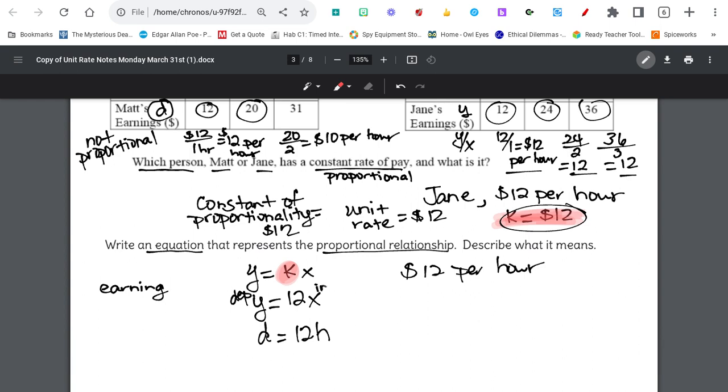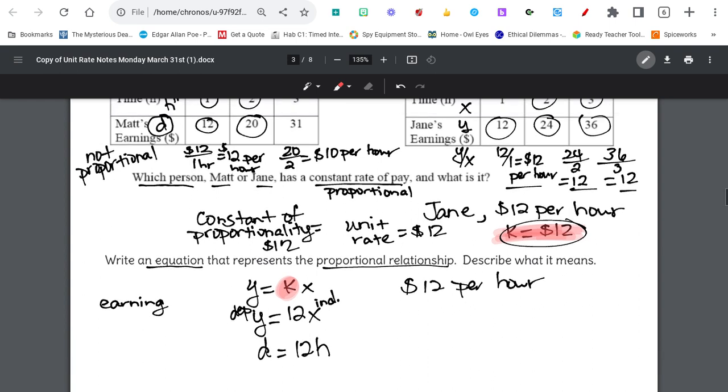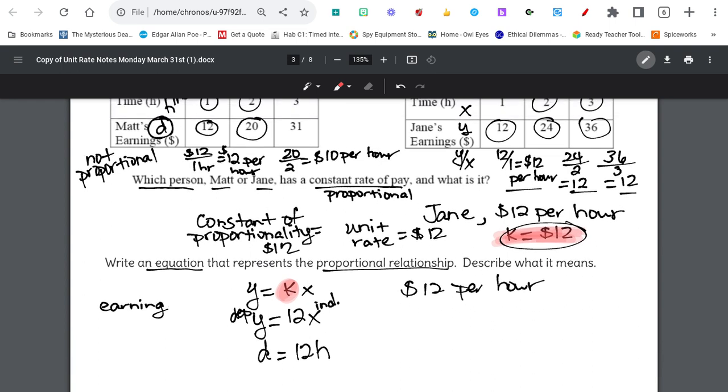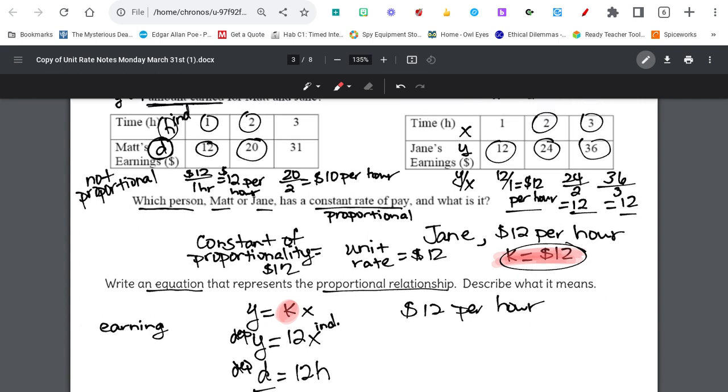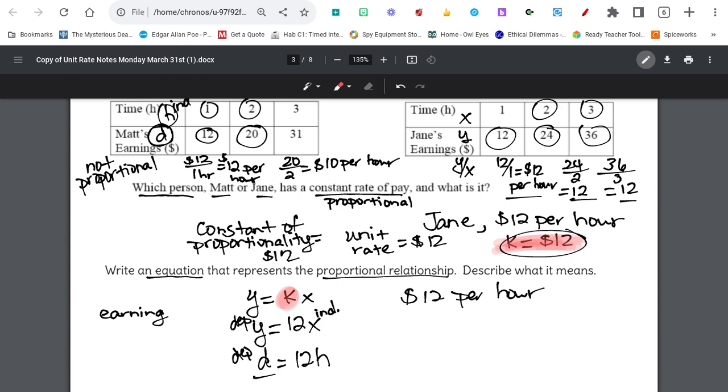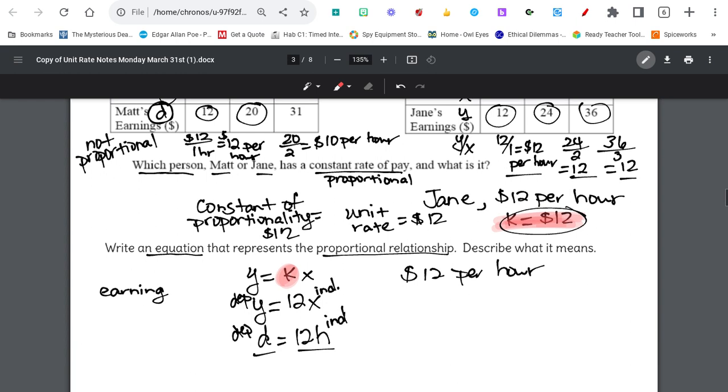This was the independent, but you can change these letters. They don't have to be Y and X. So if I told you that your dependent was D, you would use D over here instead of Y. If I told you that your independent was H, you would use H. You would attach 12 to H.